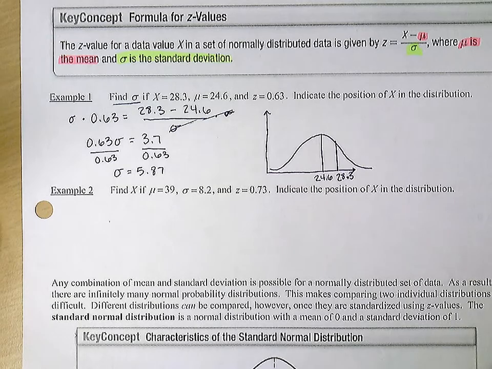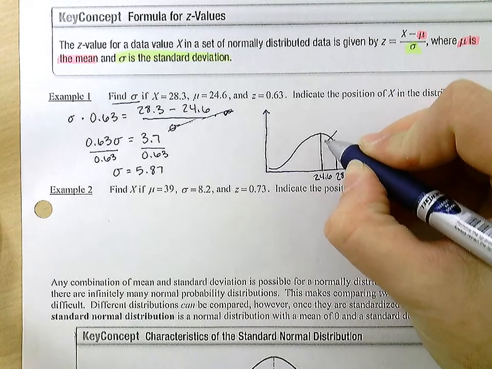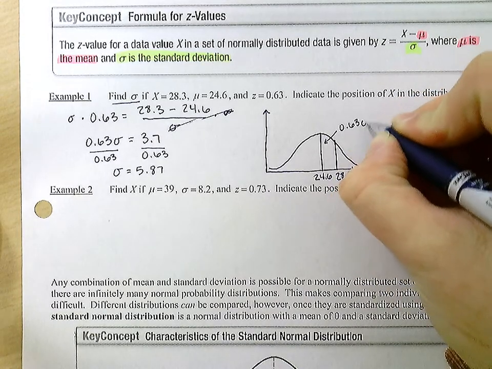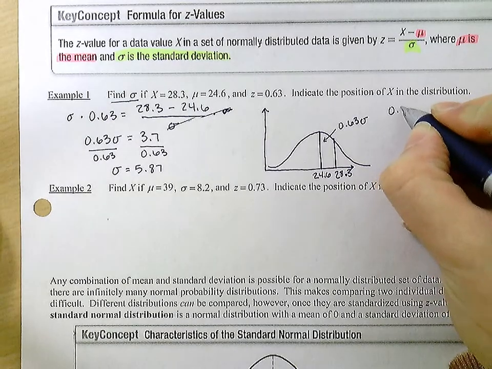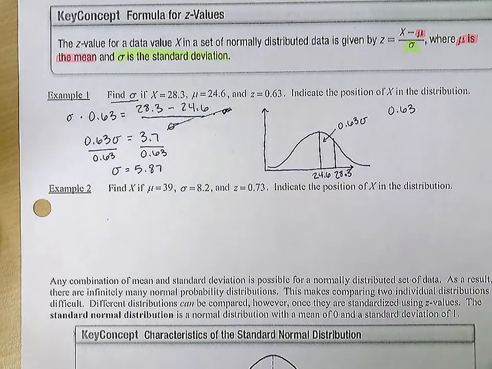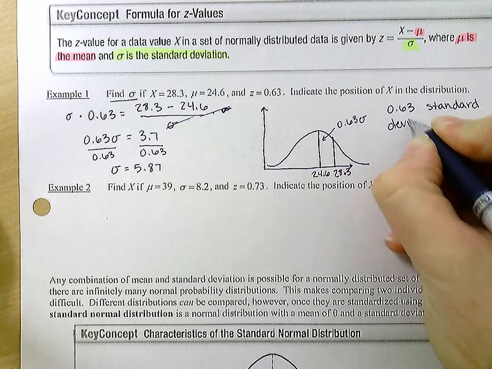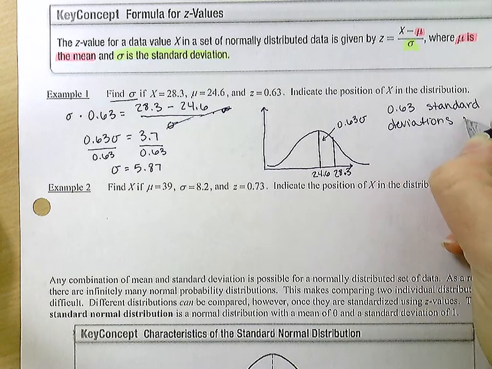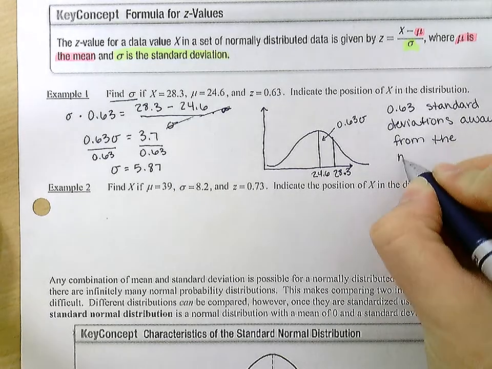What your z-score does is take that 0.63 and multiply by sigma to get how many standard deviations that x value is away from the mean. So this is 0.63 standard deviations.